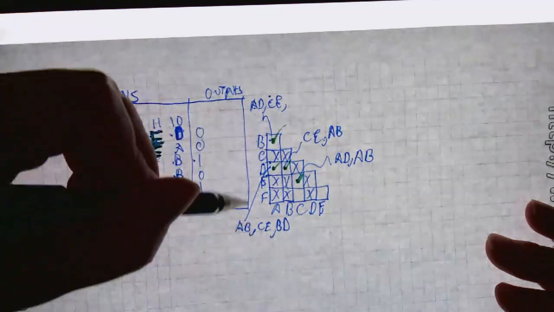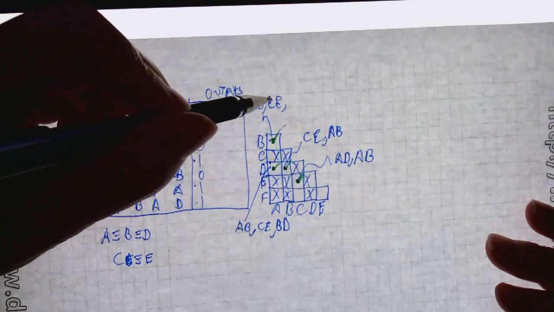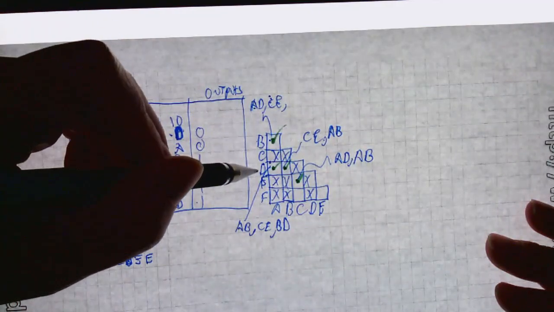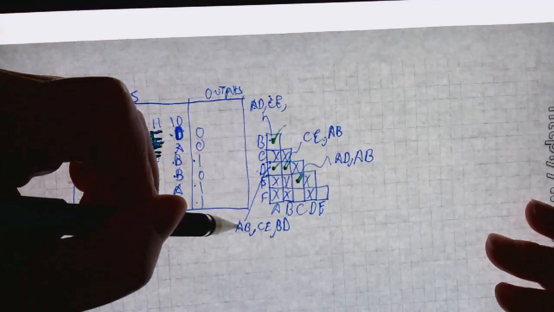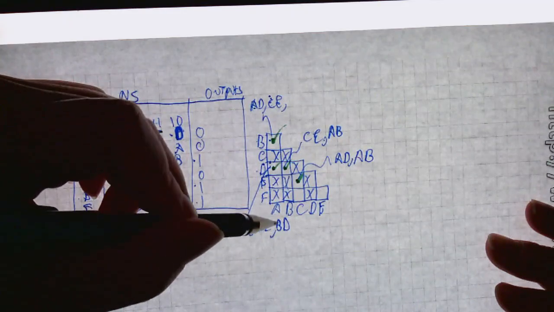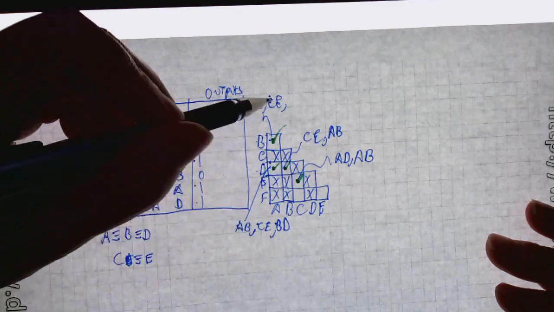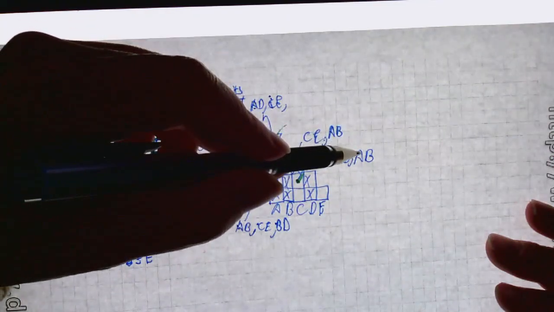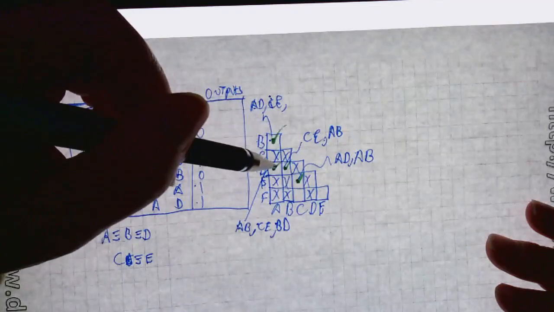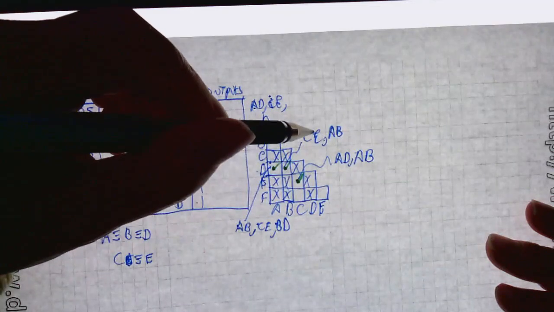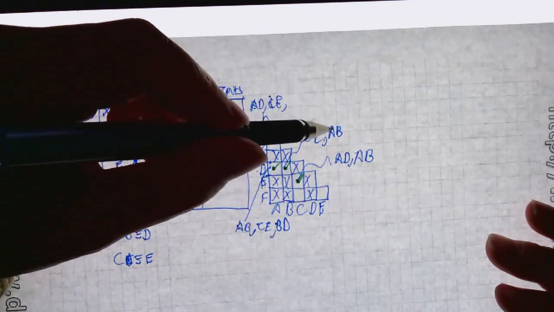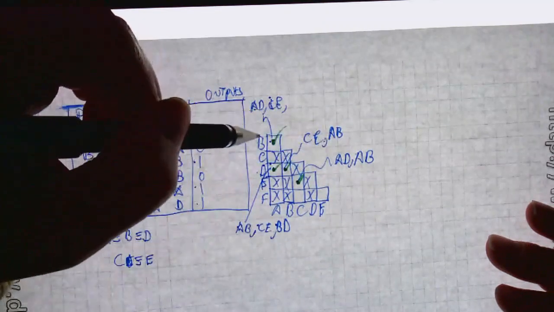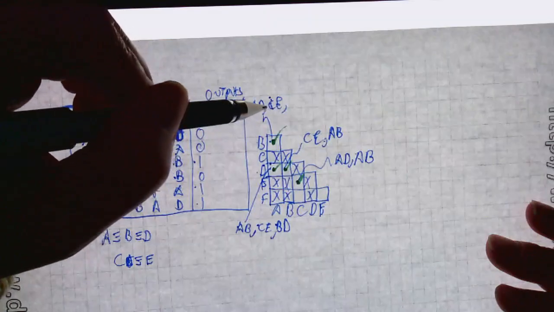Well, I knew that A was equal to B if A was equal to D and C was equal to E. And I knew that A was equal to D if A was equal to B, C was equal to E, and B was equal to D. And I knew that C was equal to E if A was equal to B and A was equal to D. And I also knew that B was equal to D if C was equal to E and A was equal to B. So what we had was a whole bunch of interdependencies on one another, and they all grouped together into a single cluster.